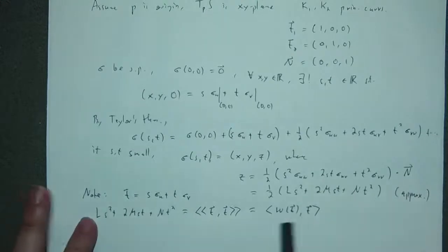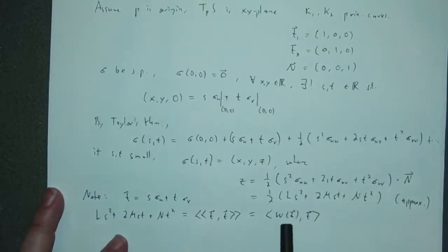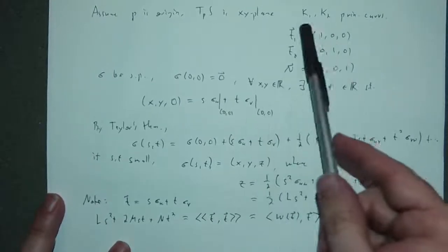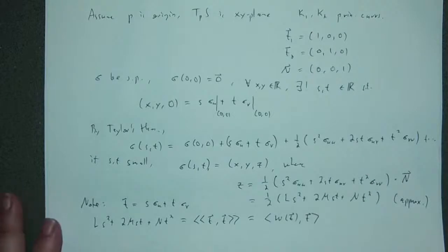But then the definition of that, of course, was the first fundamental form of the Weingarten map of t paired with t. But the Weingarten map for a principal vector, we know the special form it takes because these are the principal curvatures.